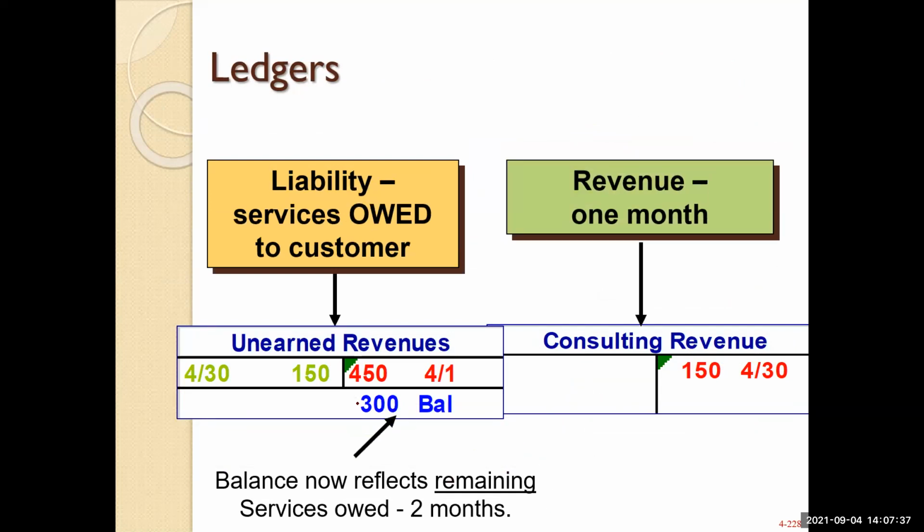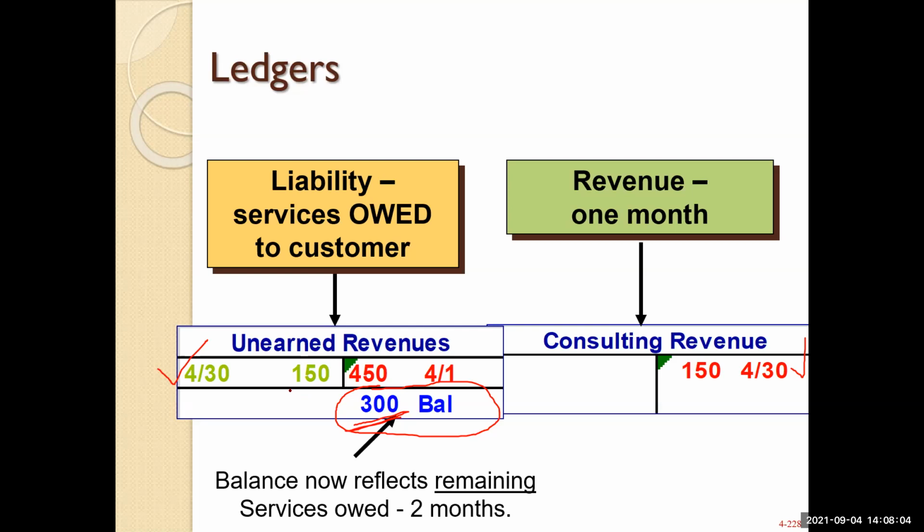So you see here we have a debit to unearned revenues and a credit to consulting revenue. And this is where now when you calculate your new balance in the liability account, that's where you see 300 now in unearned revenues, which reflects the remaining 2 months of service owed.